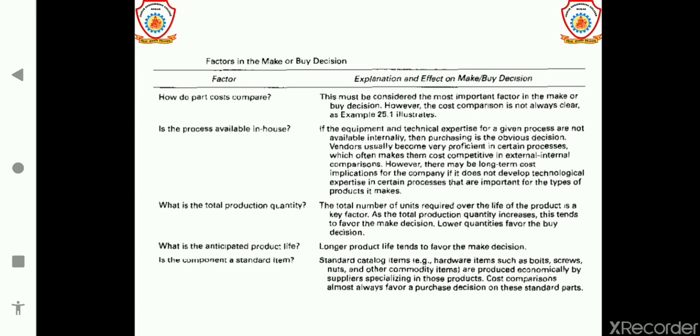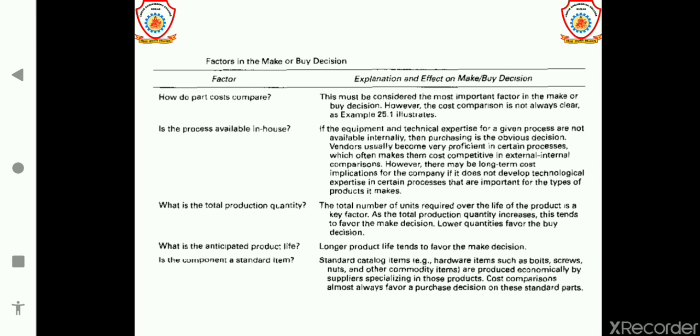Next factor is the process available in-house. We should check whether we have the equipment to manufacture that particular part or not.